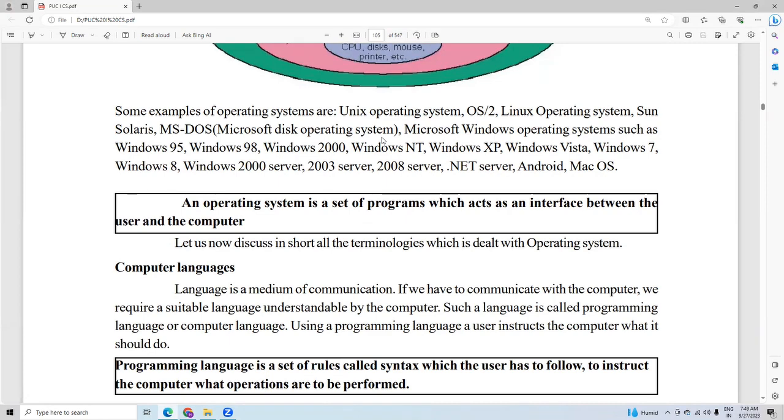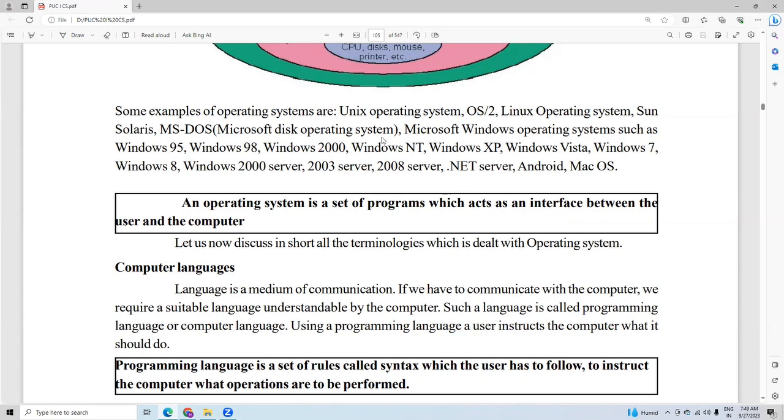Other OS are Linux, Sun Solaris, MS-DOS, Microsoft Windows, like Windows 95, Windows 98, Windows 2000, Windows NT, Windows XP, Windows Vista, Windows 7, Windows 8, Windows 2000 Server, Windows 2003 Server, 2008 Server, .NET Server, Android, Mac OS, nowadays Windows 10, Windows 11, they're all operating systems, right?